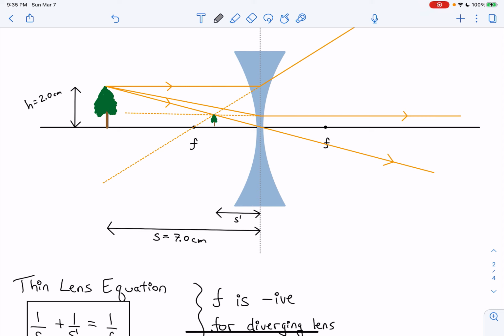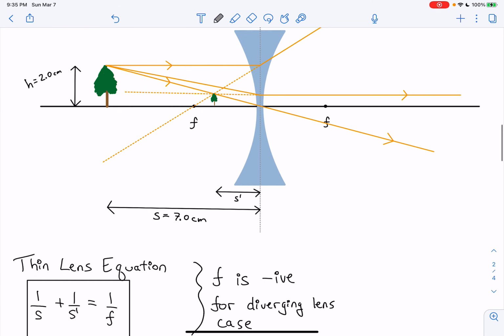Sometimes in the textbook or even a test, you can be given a choice. Do this through ray tracing or calculation. Generally, it's much faster to do the math. Ray tracing is really great for convincing yourself of these physical relationships and really great to see the math happening through geometry.